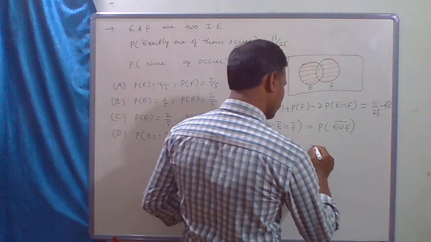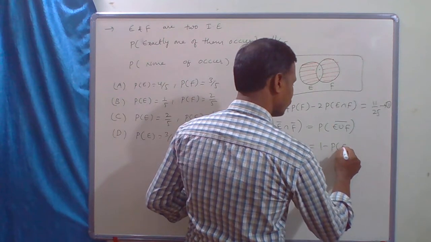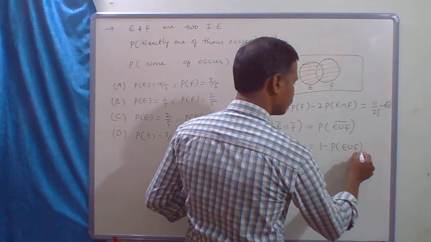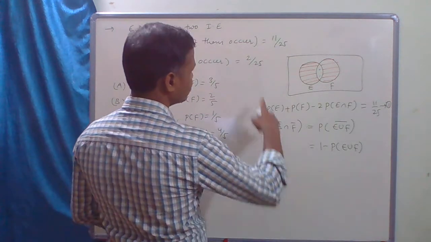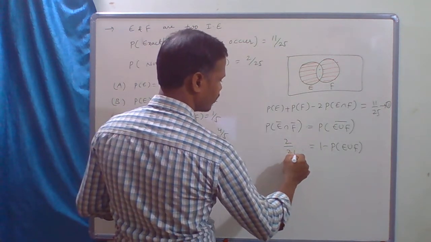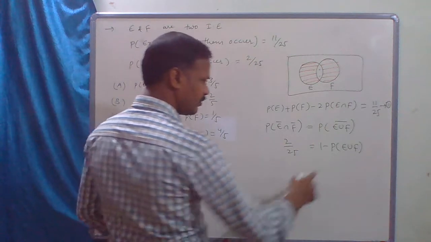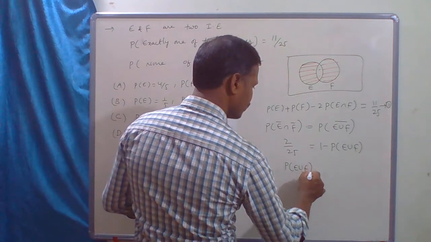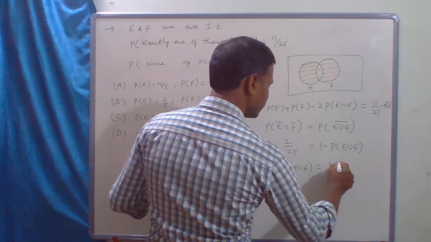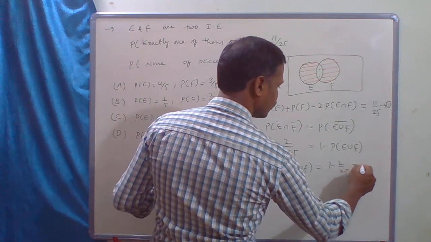So this is equal to 1 minus probability of E union F. Now what is the value of this one? So this value is 2 by 25. So probability of E union F equals 1 minus 2 by 25, which is equal to 23 by 25.